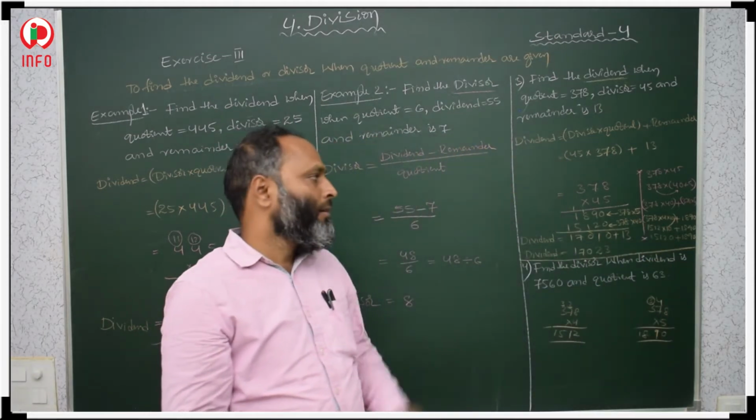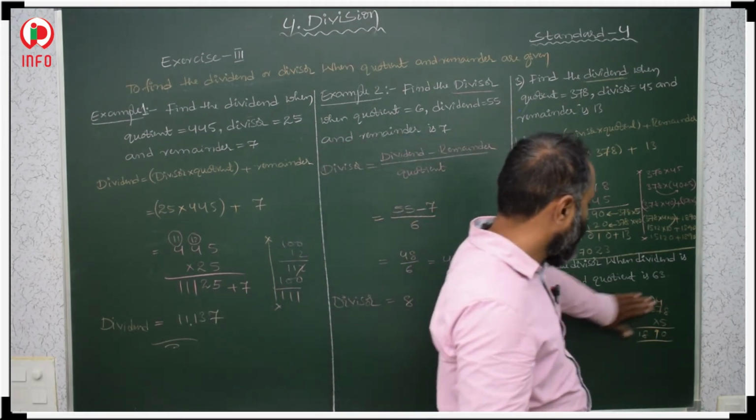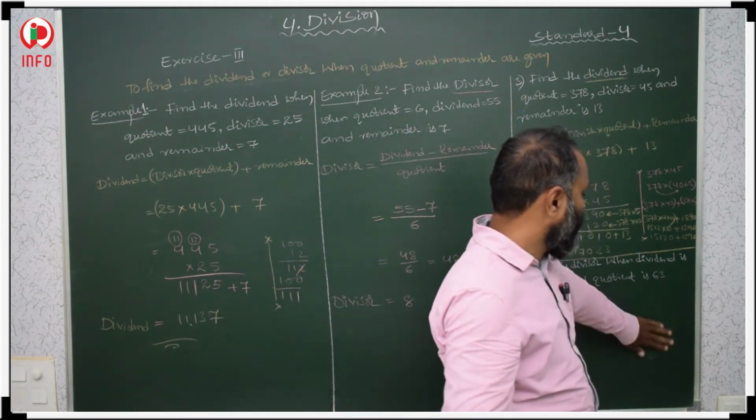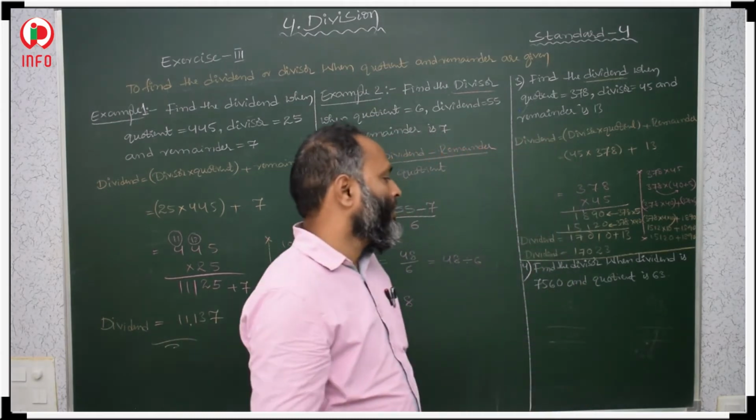Okay. Now find the divisor. Here we have to find the divisor. What is given here? The dividend is given, the quotient is given.